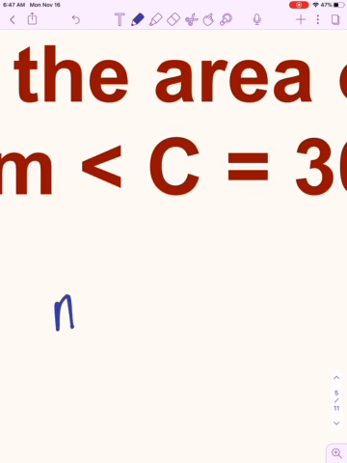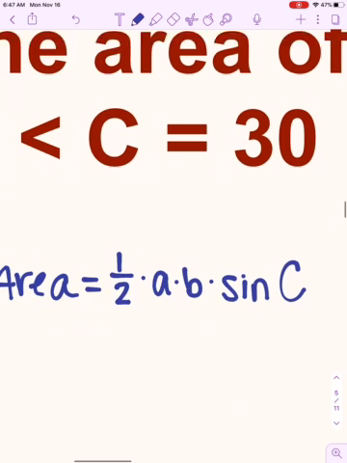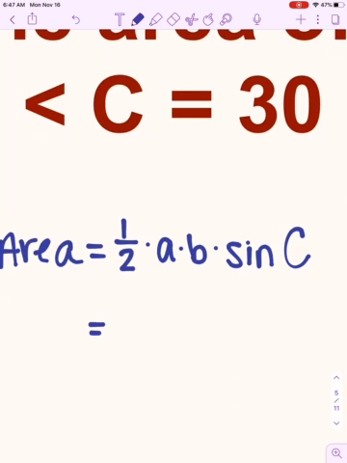So the area, since we have angle C, is going to be 1/2 a, b, sine C. Okay? So 1/2. Our a length was 12.